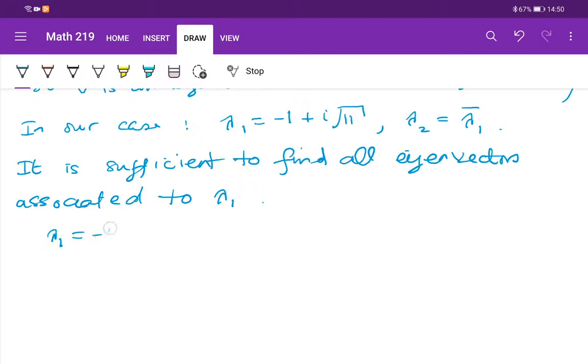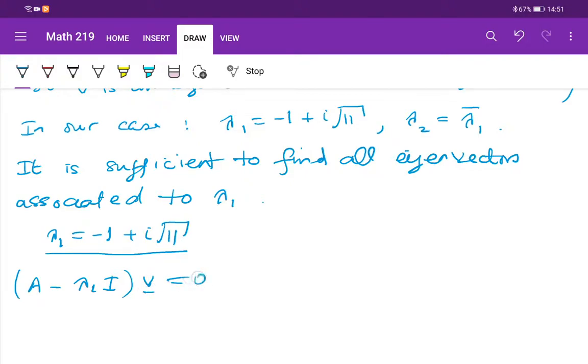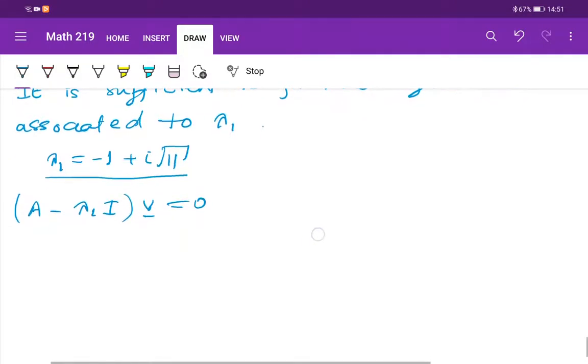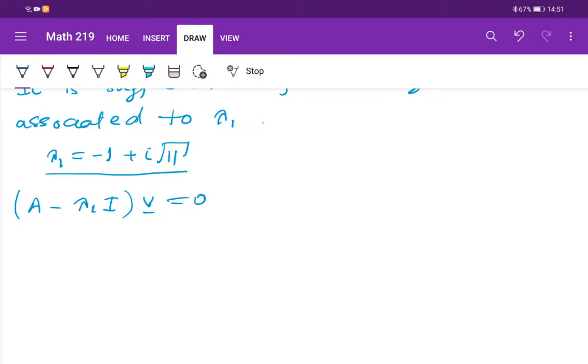So lambda 1 is this, and you proceed exactly as before. So you write down (A minus lambda 1 I) times v is equal to 0. So this is a homogeneous system of equations, and we write down its augmented matrix, and you get 2 minus i root 11, minus 3, 5, minus 2 minus i root 11.